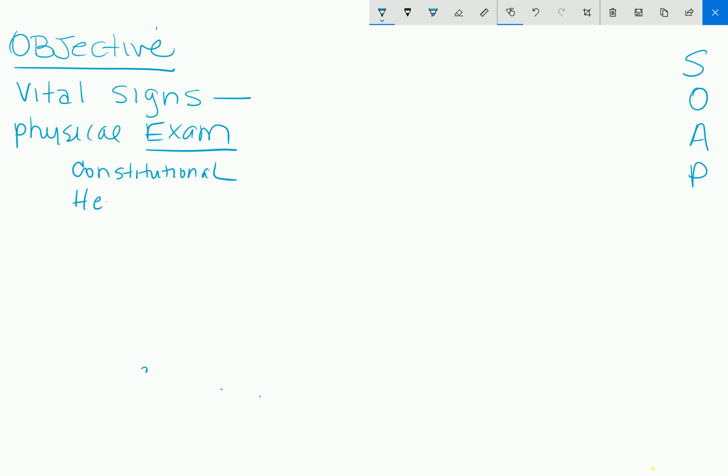Okay. Then we have head, eyes, ears, neck, throat. Those things are all going together. And then we have the lymphatic system, pulmonary, cardiovascular. We've got our abdomen.